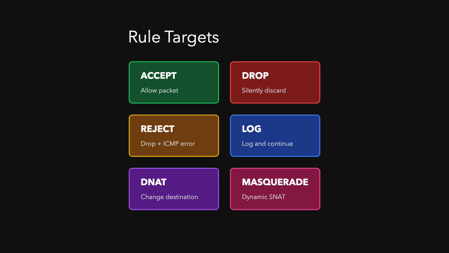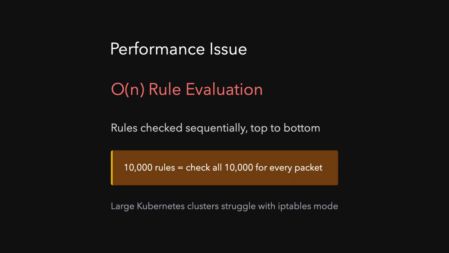So I think it's clear. And here is the performance issue. Rule evaluation is O(n). With 10,000 rules, every packet checks against all 10,000 until it finds a match or reaches the end. In large Kubernetes clusters, this becomes a real problem.